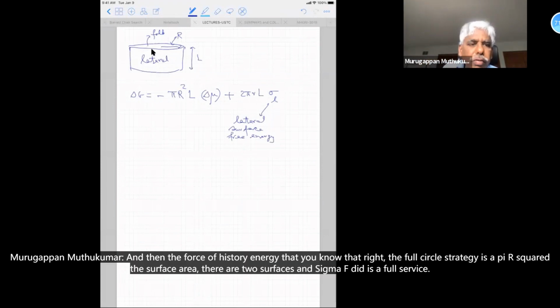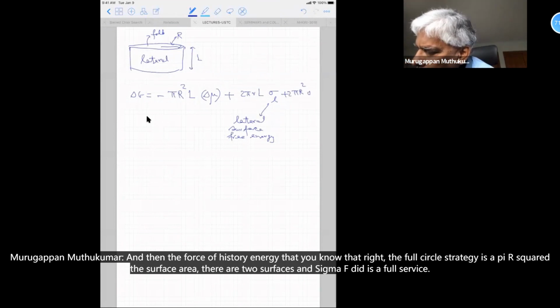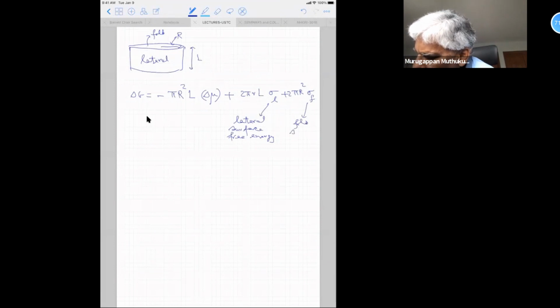And then the fold surface free energy. The fold surface free energy is pi R squared, the surface area. There are two surfaces and sigma F. This is the fold surface free energy.